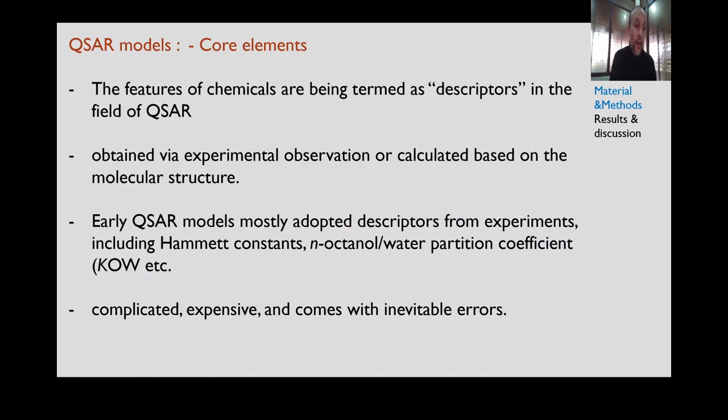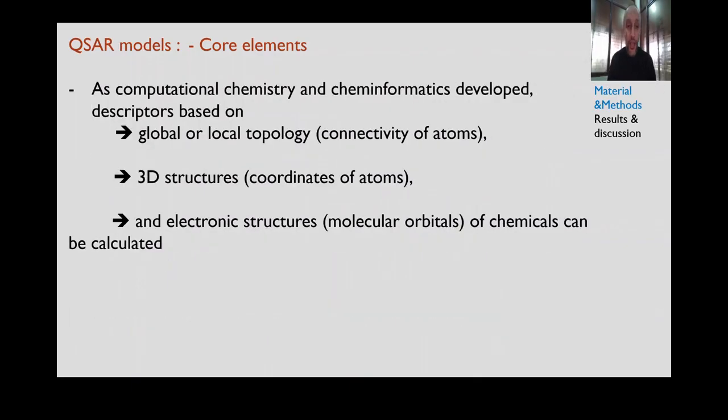However, obtaining descriptors via experimental calibration can be complicated, expensive, and comes with inevitable errors. As computational chemistry and cheminformatics developed, descriptors based on global or local topology, connectivity of atoms, 3D structures, and electronic structure of the chemicals can be calculated.